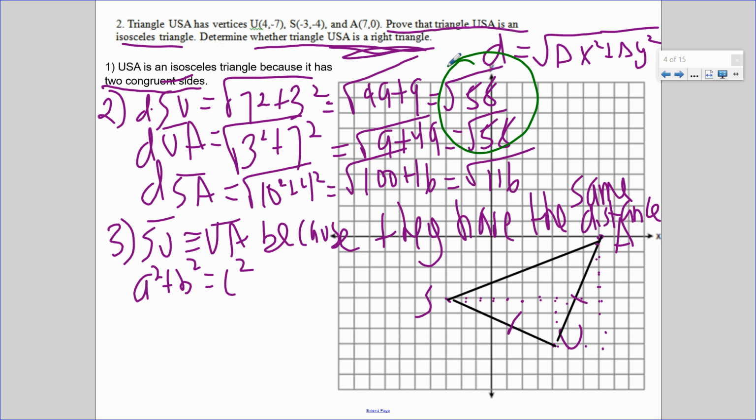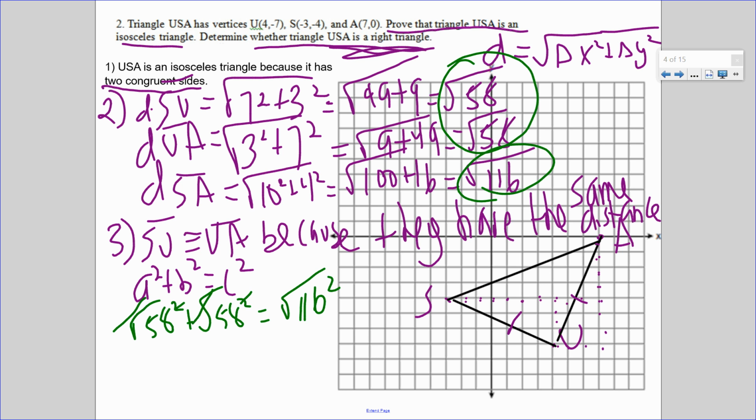So it's going to be rad 58 squared plus rad 58 squared equals c, the longer side, rad 116 squared. The squares and the radicals cancel. I'm left with 58 plus 58 equals 116. 116 equals 116. Since that works out, it is a right triangle.